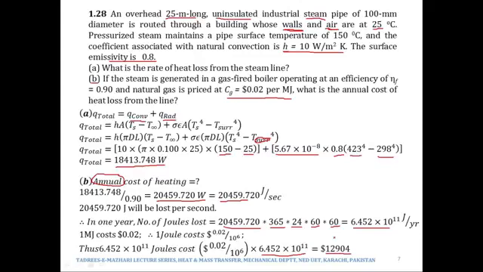Now if we insulate the pipe, we would be able to reduce it drastically, and that is why the steam pipes or any heated pipes are insulated. In fact, they serve two purposes.